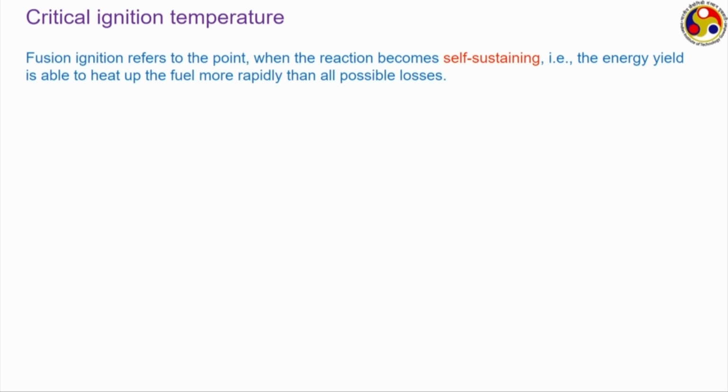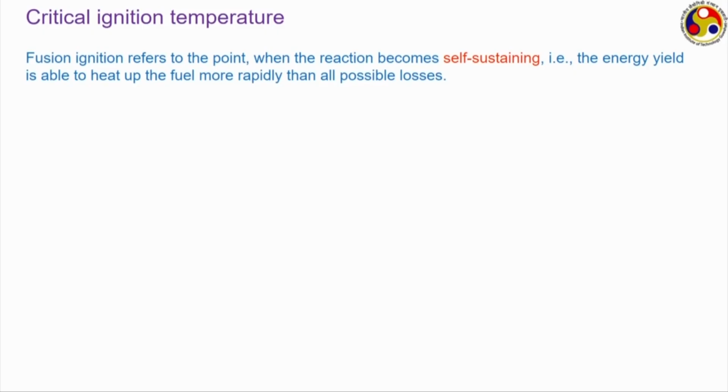We somehow have to produce that level of temperature, and another issue is that whenever we reach that level of temperature, all material turns to plasma. So, handling the plasma is another very big issue.